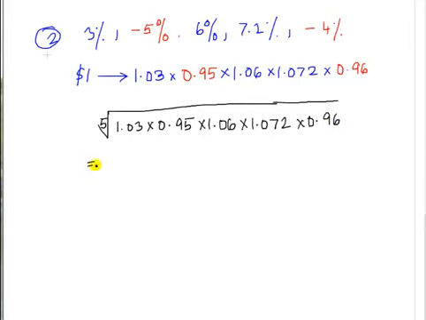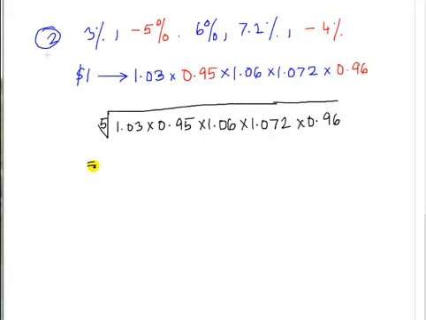Let us work this out. On most calculators, you will need to do the product and then raise this to an exponent of 1/5. That's what a fifth root is. 1.03 times 0.95 times 1.06 times 1.072 times 0.96 equals 1.0674.